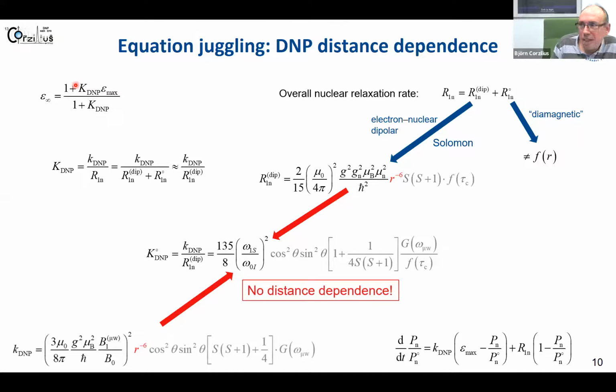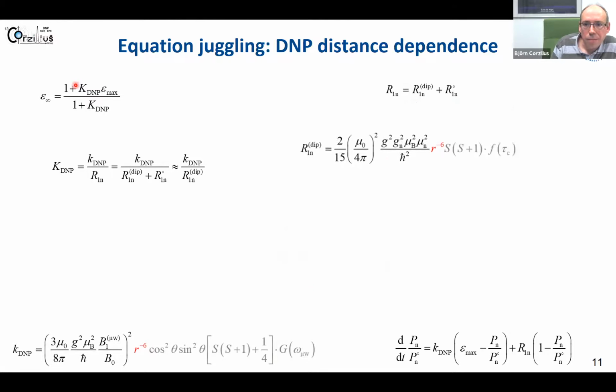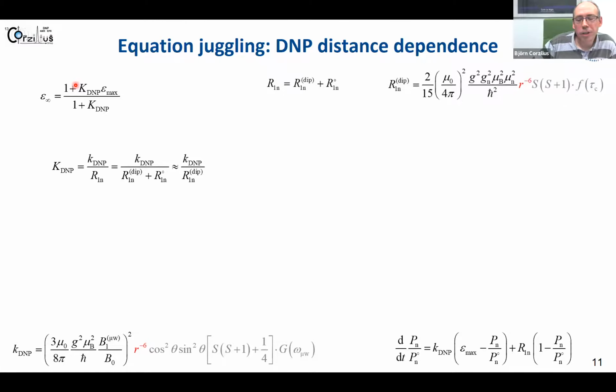So the DNP enhancement factor is a really bad measure for the electronuclear distance. All right, so what can we do here? How can we utilize the electronuclear distance for measurements practically by DNP?